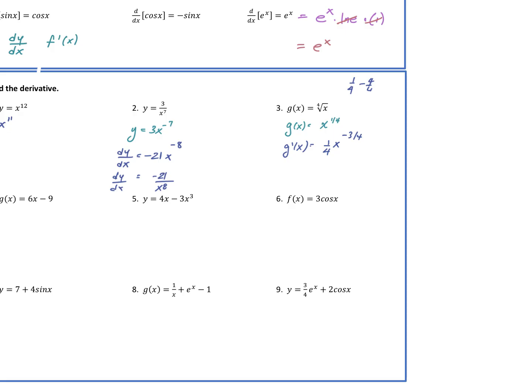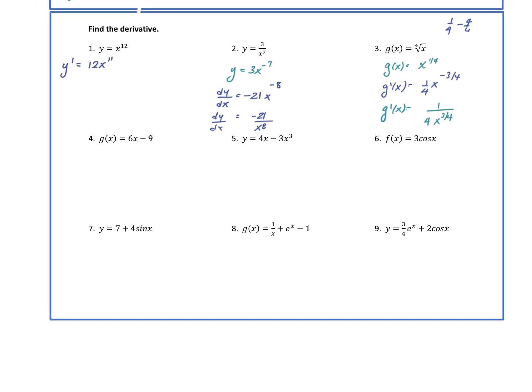Again, if you want to rewrite it, g prime of x will be 1 over 4 x to the 3/4 power. For number 4, g prime of x is equal to 6. Remember, constants go to 0. For number 5, dy dx, there's a 1 there, so 4 minus 9x squared.